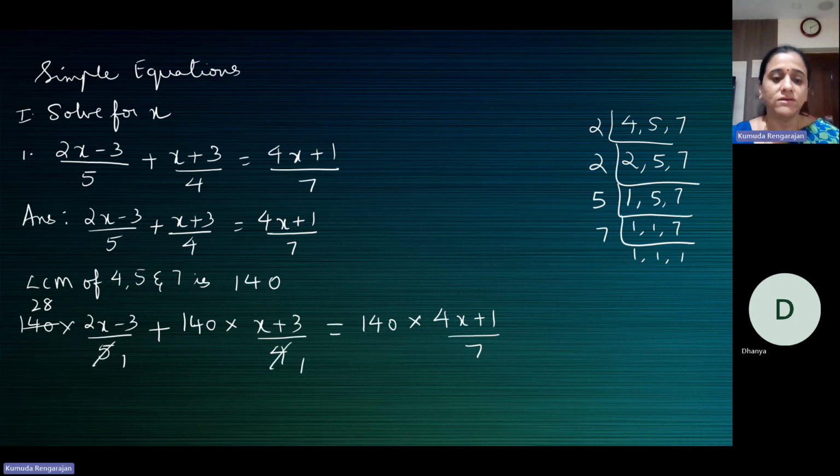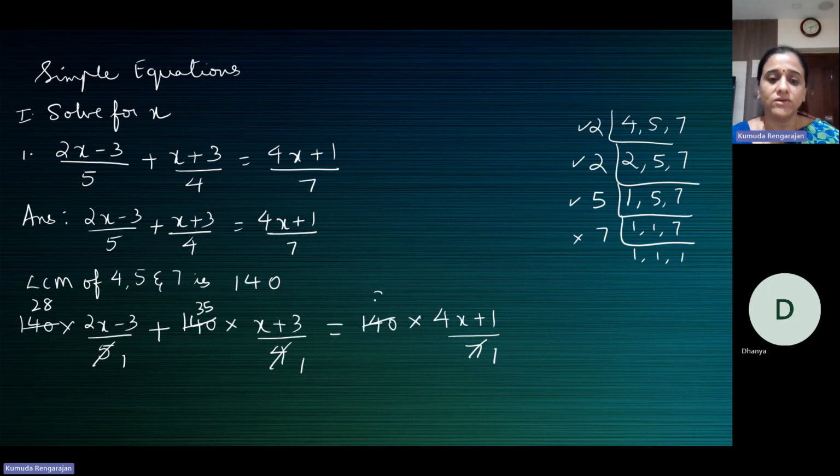Now 4 ones are 4. So take away 2 into 2, 4. So it'll be 7 into 5, 35. So it'll be 35 times. For the right side, take away 7, multiply these factors, 5 2s are 10, 10 2s are 20.